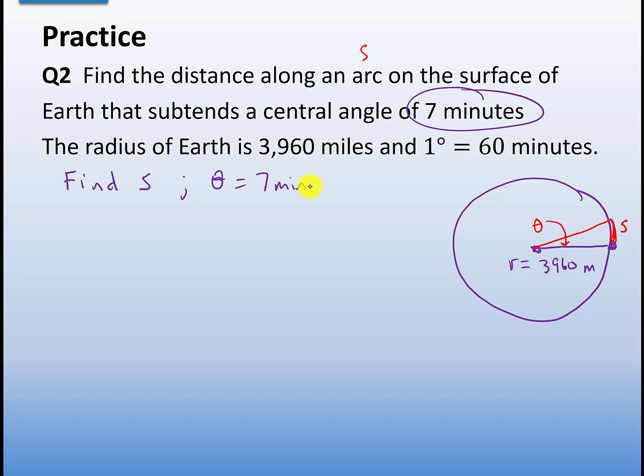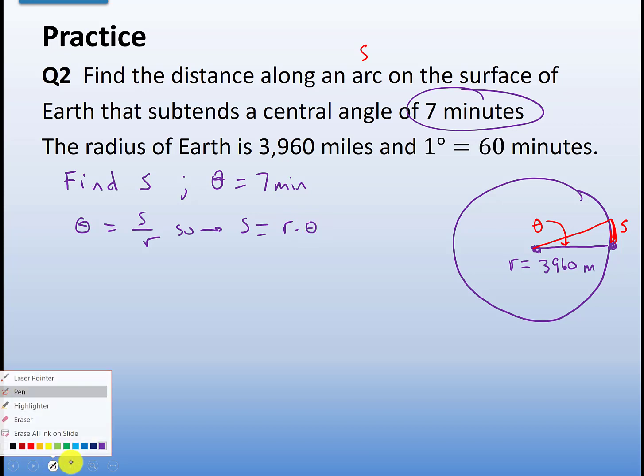Okay, so I need an equation. Well, a few minutes ago, we did talk about theta equals S over R. So S equals R times theta, if I multiply R on both sides of that equation. Now we just have one warning here. Our warning is theta.